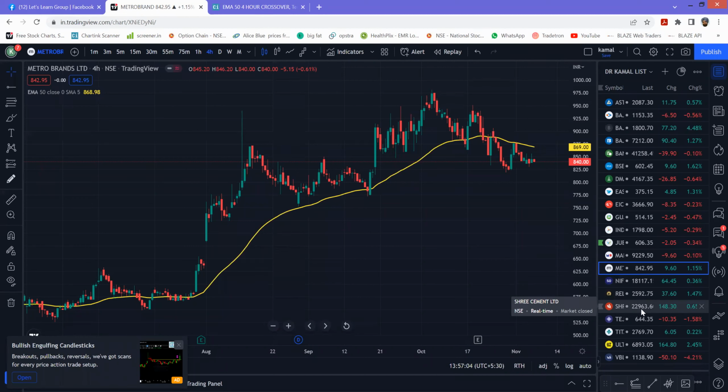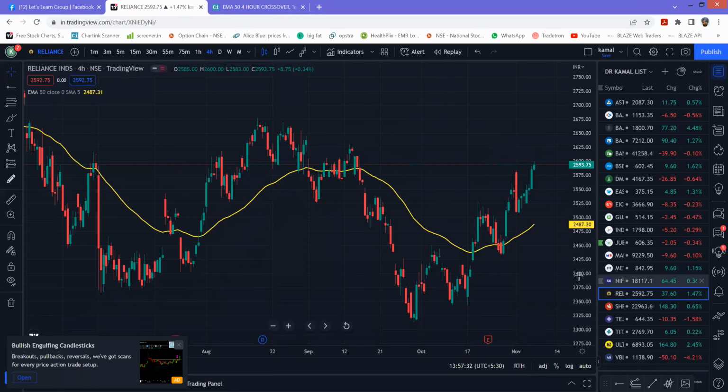Shree Cement is these days my favorite stock. Tejas is also very good for me. Titan, I have almost exhausted myself. I may remove it now and bring in something else. Ultratech Cement and Varun Beverages. That is why I keep remembering what levels I enter and exit. These are the stocks. You must have a fixed list of stocks.